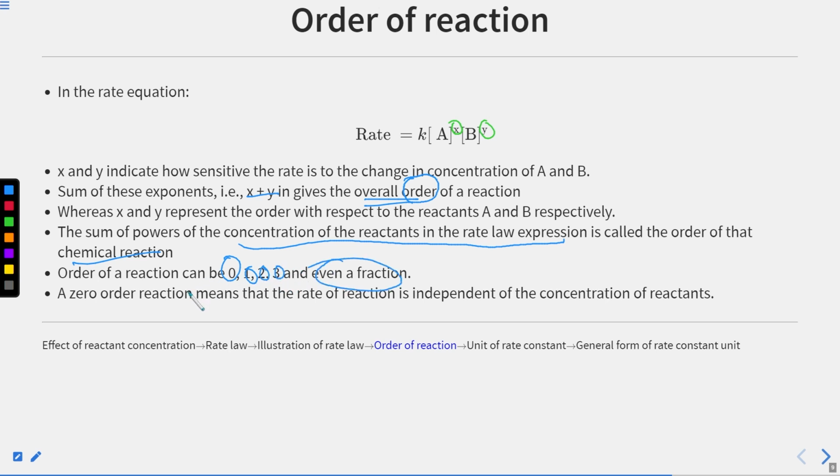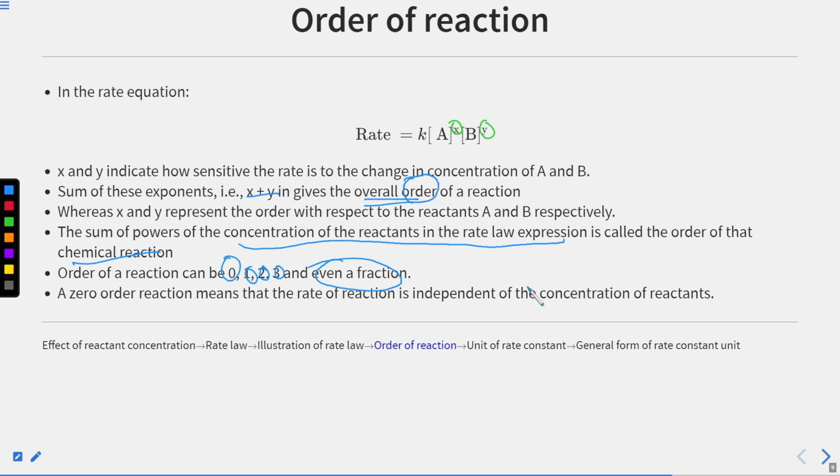A zero order reaction means that the rate of reaction is independent of the concentration of reactant. But first of all, the order of reaction can be 0, 1, 2, 3, and even a fraction, but it can never ever be negative. It can be 0, 1, 2, or fractional like 3 by 2, 4 by 2, anything, but it cannot be less than 0.